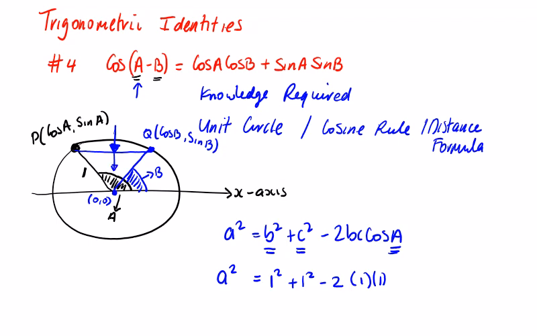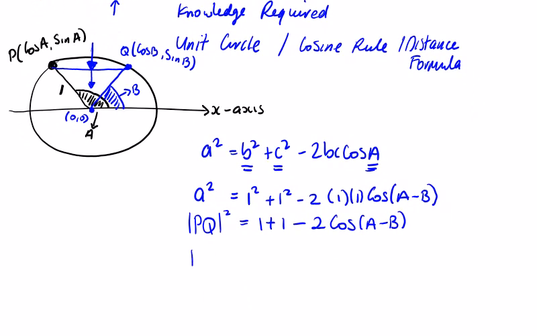Now this is not just the angle A or B, it's the whole black angle minus the blue angle, which is the cos of A minus B. So PQ squared is equal to 1 plus 1 minus 2 by 1 by 1, which is 2, times the cos of A minus B. And tidying this up, we get PQ squared is equal to 2 minus 2 cos(A minus B).